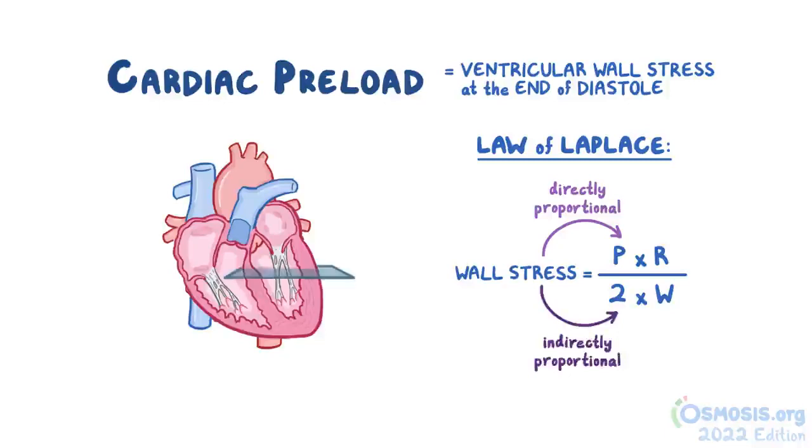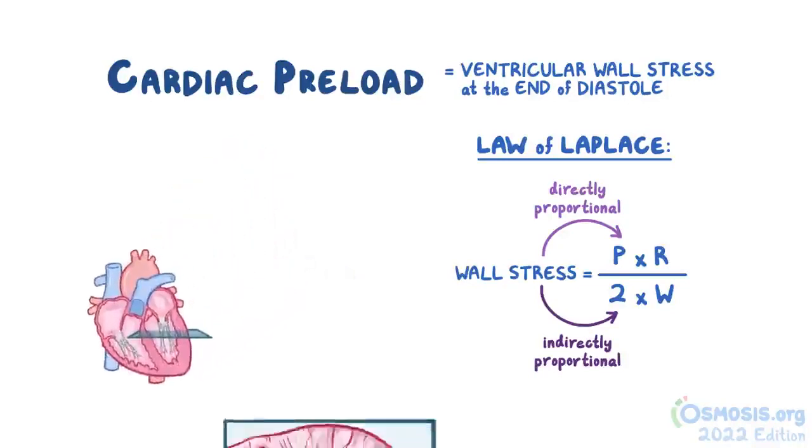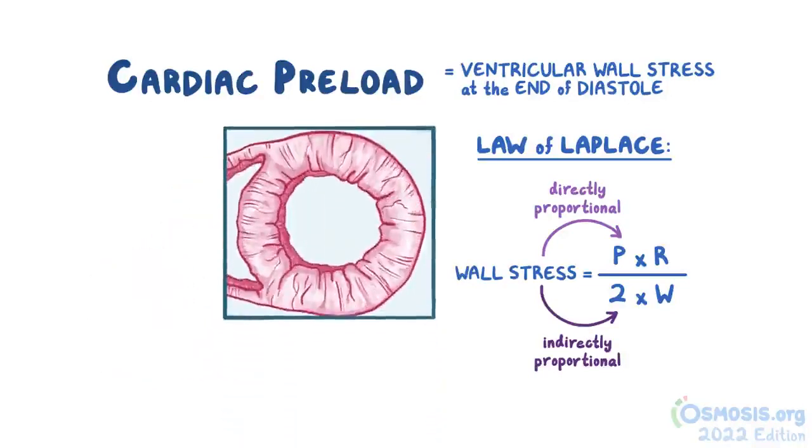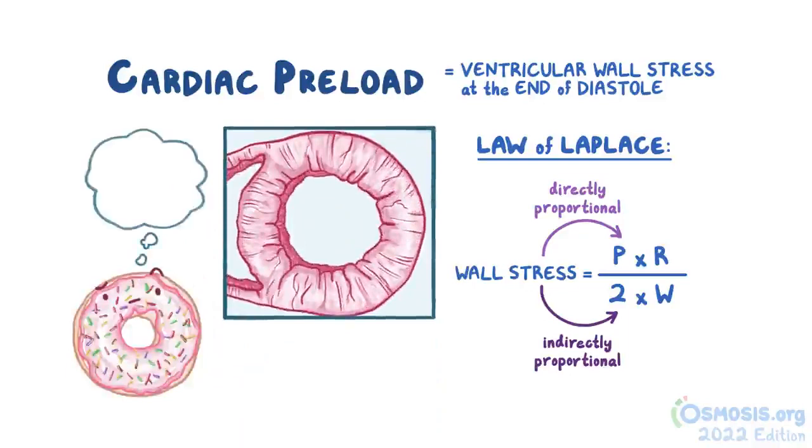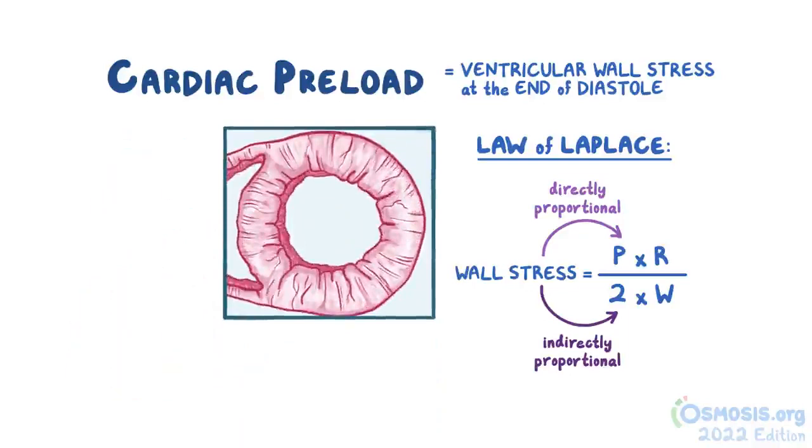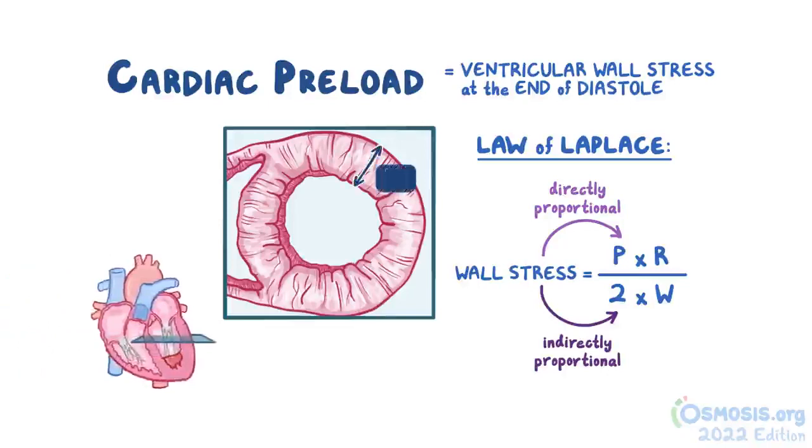To visualize this, let's look at a cross-section of the left ventricle, which looks a bit like a donut, with very little dough. A diet donut, if you will. Now the little dough circle represents the wall of the left ventricle, and its thickness is the ventricular wall thickness, or W. Pressure, or P, on the other hand, is determined by the volume of blood inside the ventricle at the end of diastole.